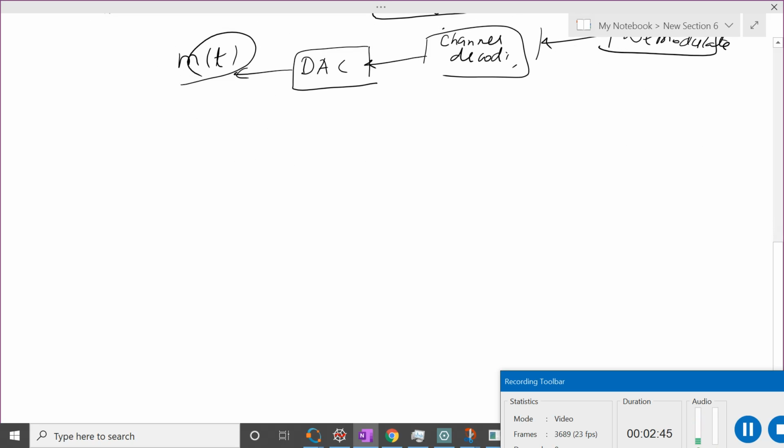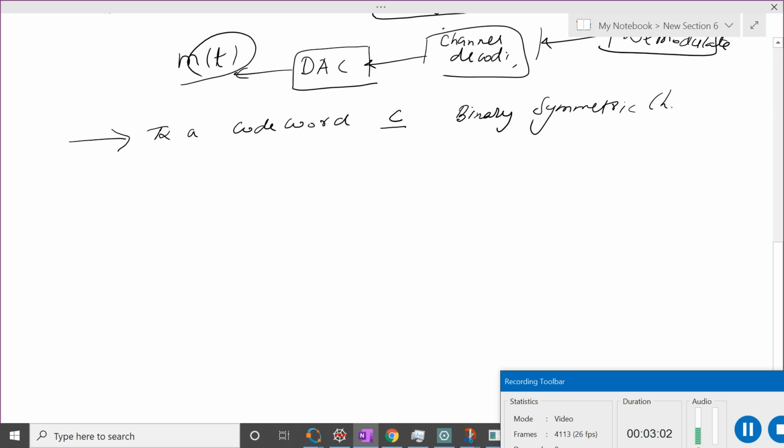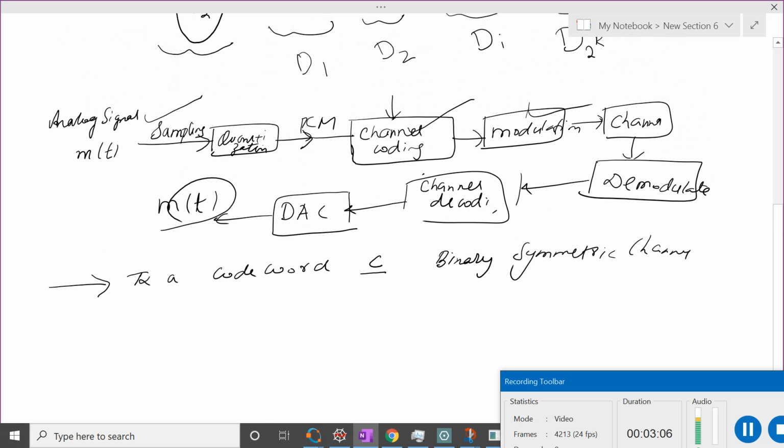Now we have transmitted a code word C over a channel, and we are here taking a binary symmetric channel. It depends upon which point you are considering.